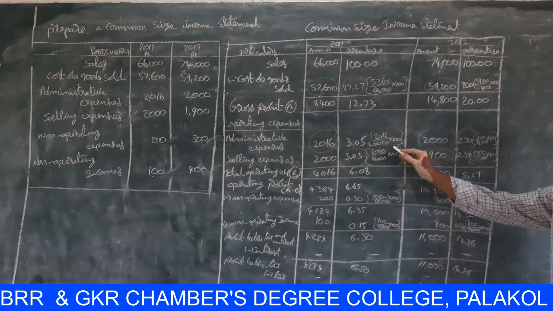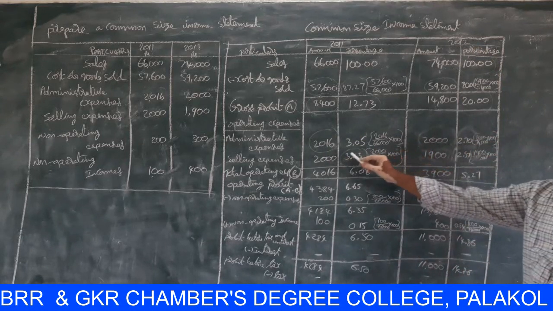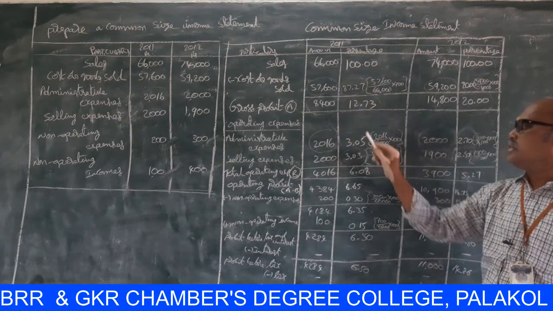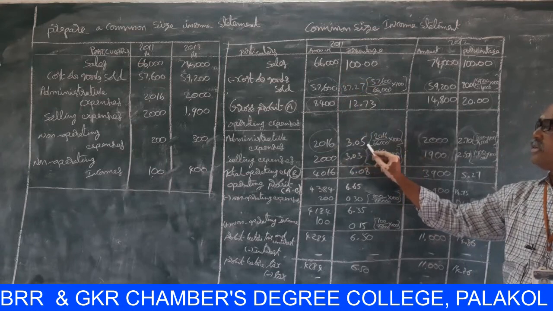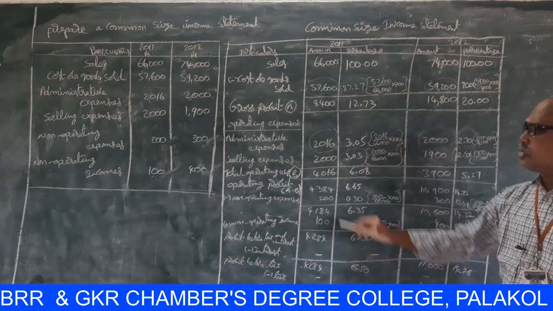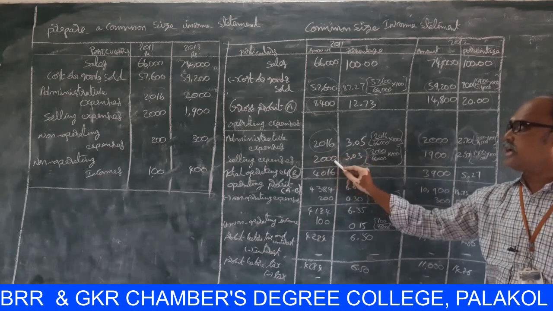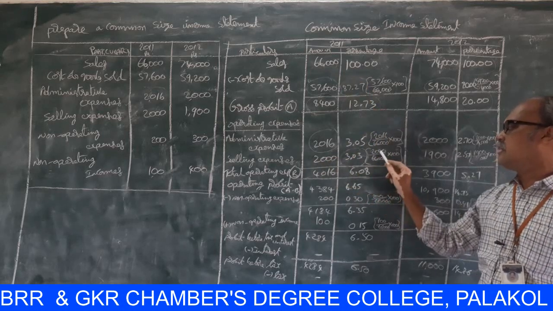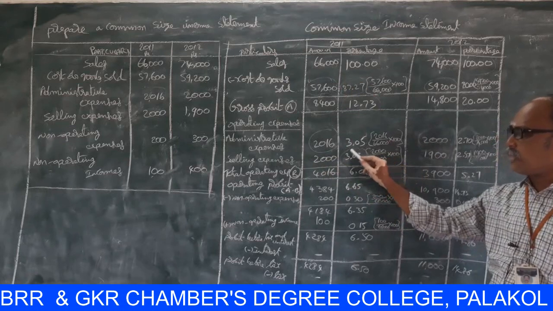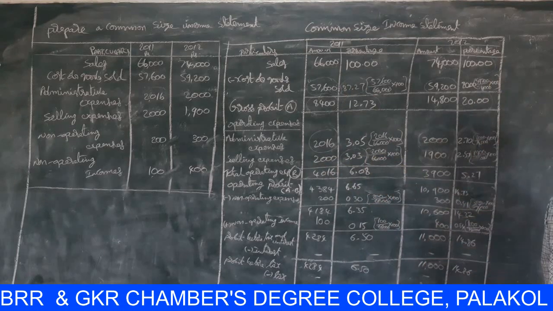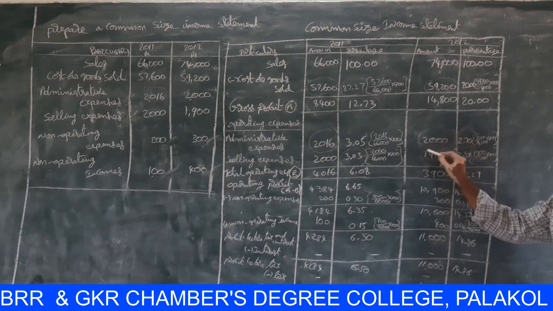The percentage of administrative expenses is 2016 by 66,000 into 100, which is 3.05. The percentage of selling expenses is 2000 by 66,000 into 100, which is 3.03.